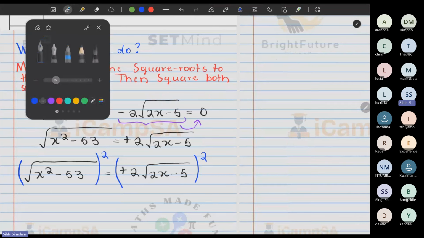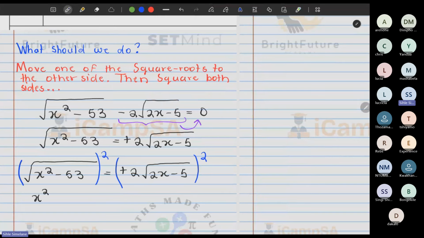And when you square this, remember a square always removes a square root. So this means we'll have x squared minus 53 equals, when you square the 2, that becomes a 4. Then the square root disappears. You have 2x minus 5.